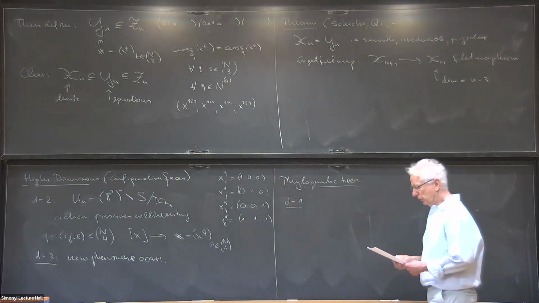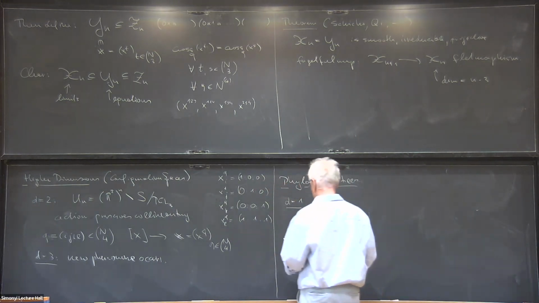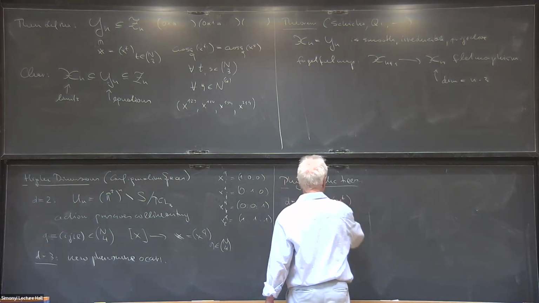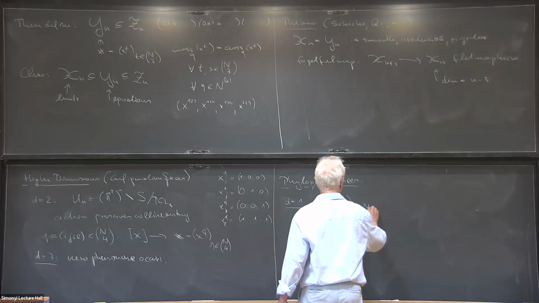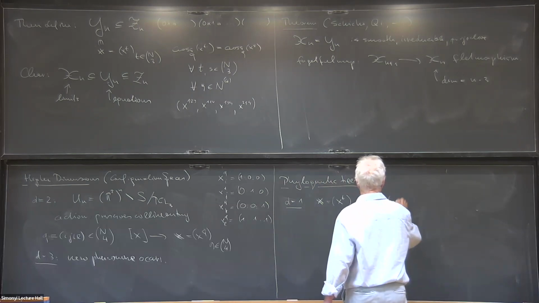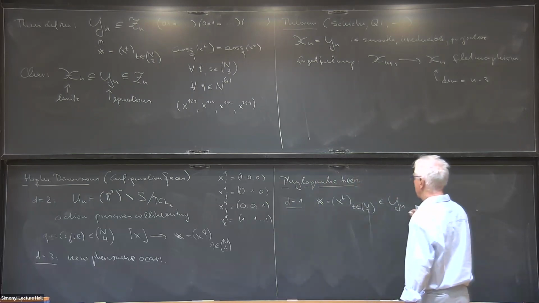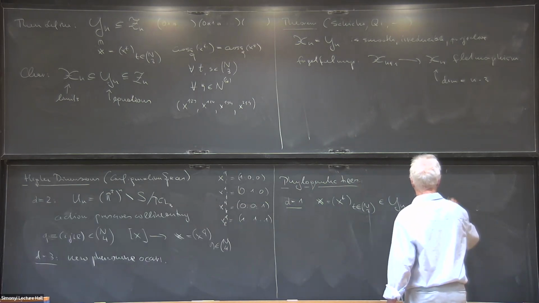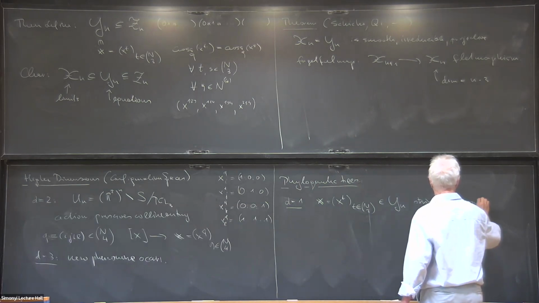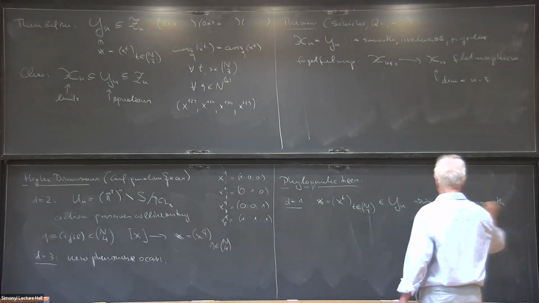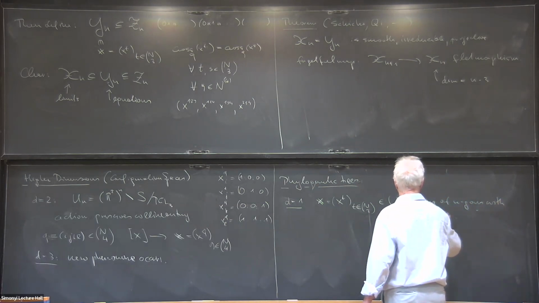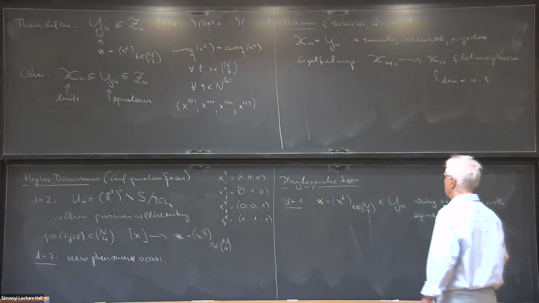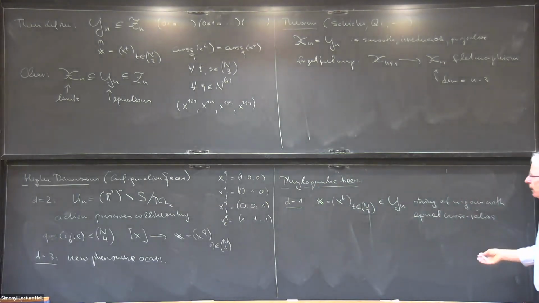We take X equals (X_1, ..., X_n), so this is now a string of n-gons with equal cross ratios whenever they are defined.